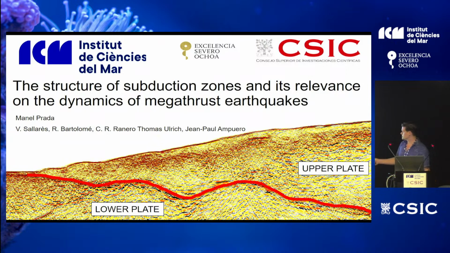Megathrust earthquakes are large earthquakes that occur at the plate interface, and they are quite dangerous because they release a lot of energy. They can trigger tsunamis, so it's a natural hazard that we need to take into account to mitigate coastal hazards.